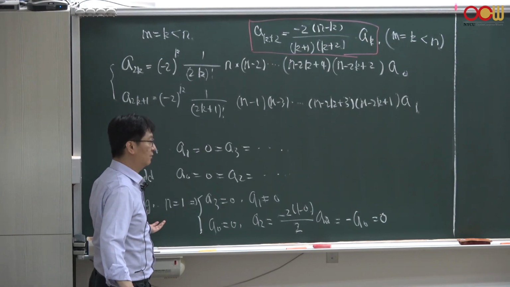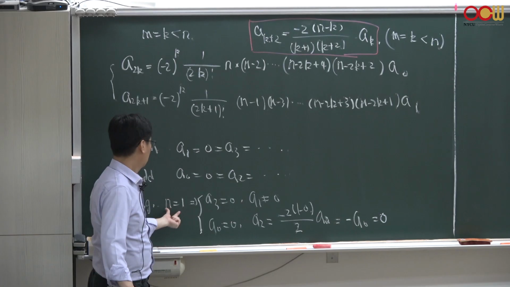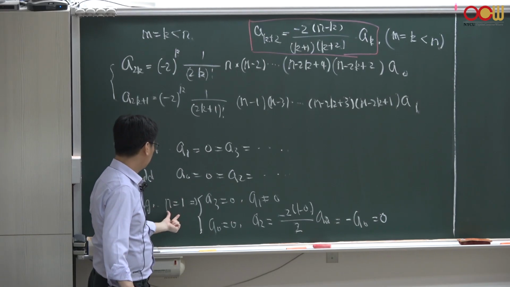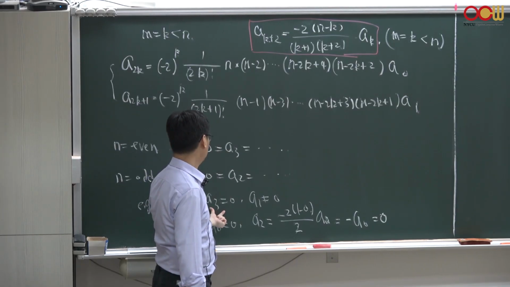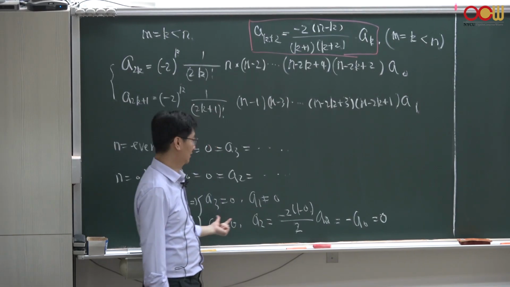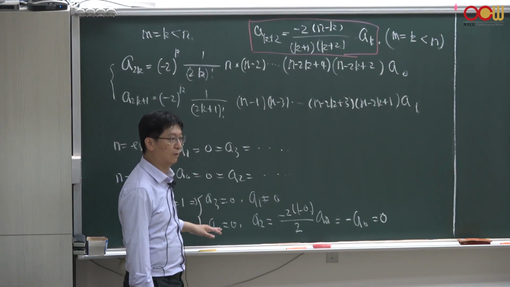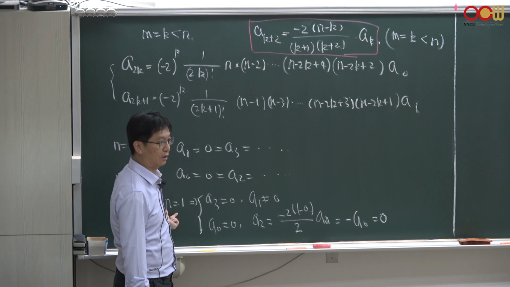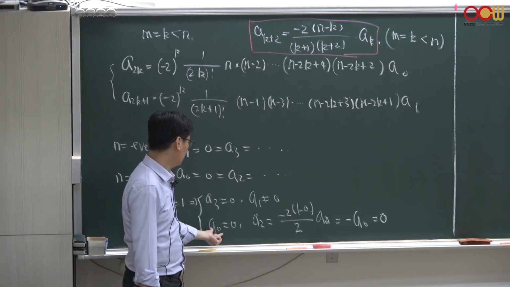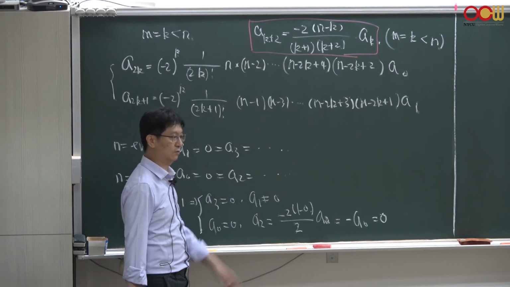Let's take a very simple example: when little n is 1, A3 is 0, but A1 is non-zero. But all the even power terms must be 0 because n is odd, so A0 is 0, A2 is 0, and so on.